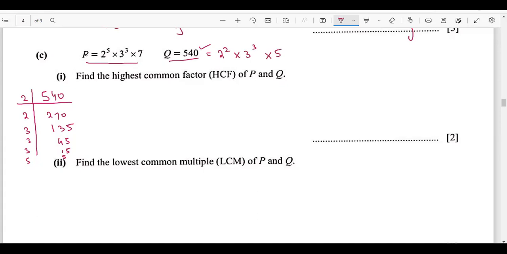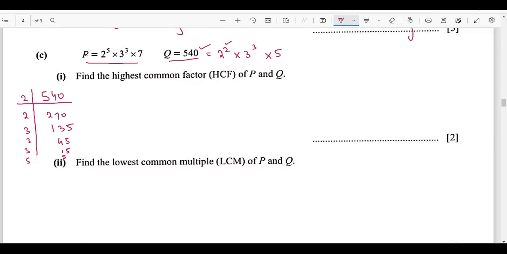Now we are talking about the highest common factor. So we need to take out the common terms which are coming in common basically. What are the common terms in this case of P and Q? Or in short, if you can just find it out through your method as well, that is completely acceptable. 2 squared is common in both.